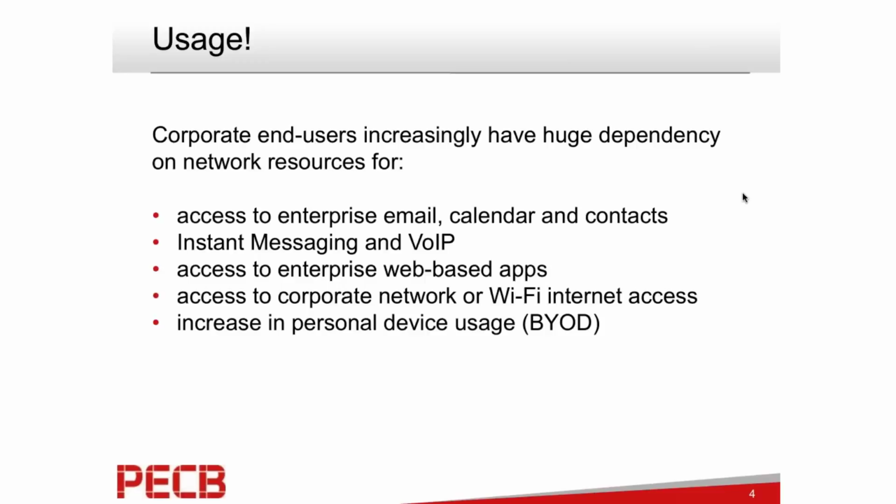We have all heard the term BYOD, bring your own device. All of us are now using our personal tablets, personal laptops, personal smartphones, and at minimum, we are just using it to access email. But more corporates are going to enable more applications to be used on handheld and personal devices.